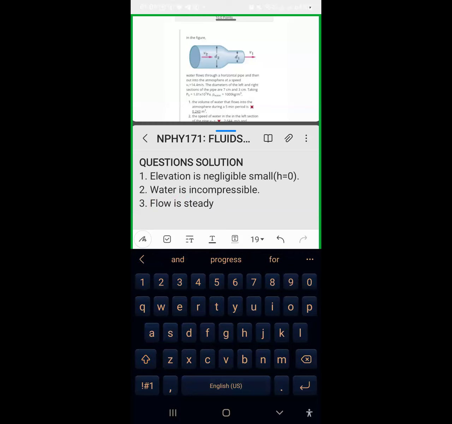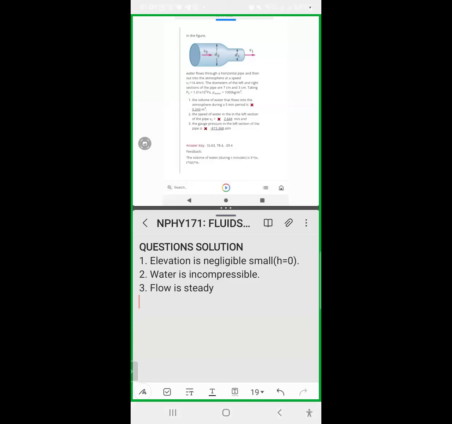So these assumptions, or classifications, will allow us to use the principles that we just learned, the continuity equation and the Bernoulli equation, in solving the related problems.